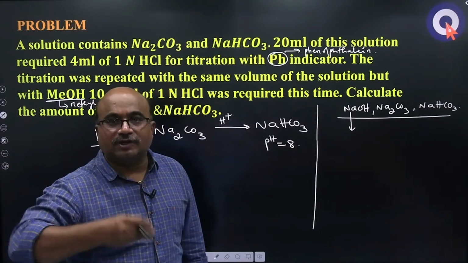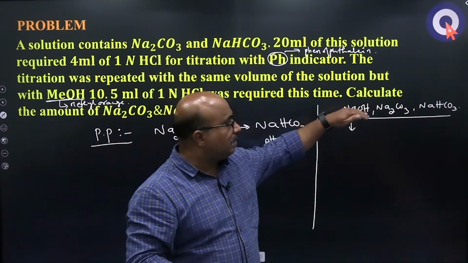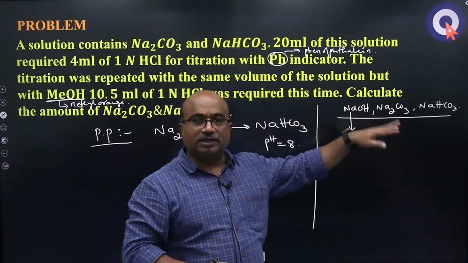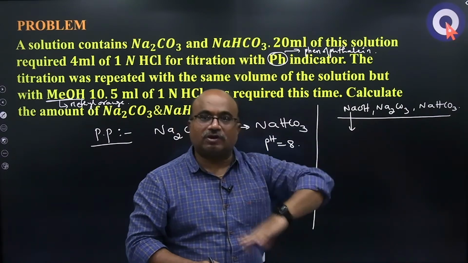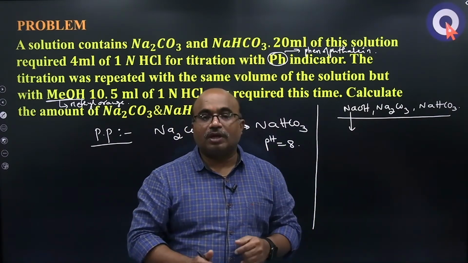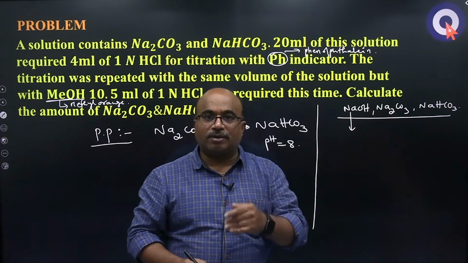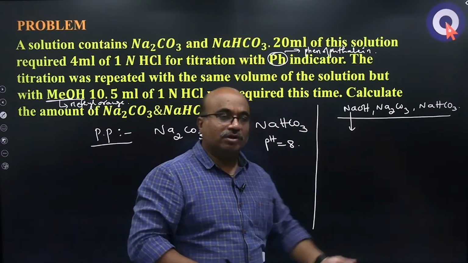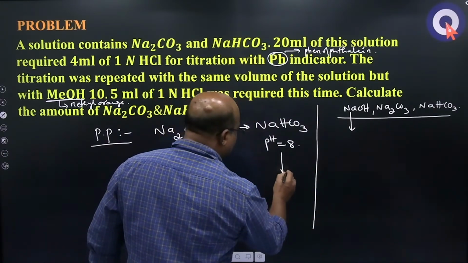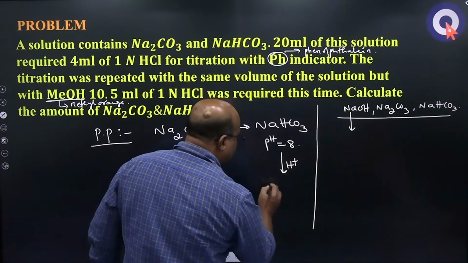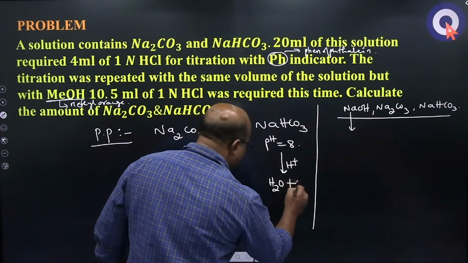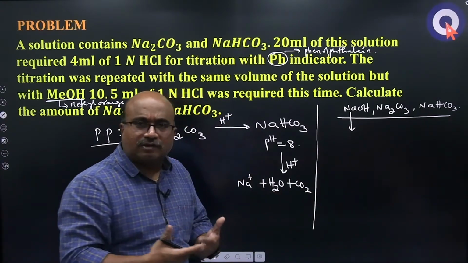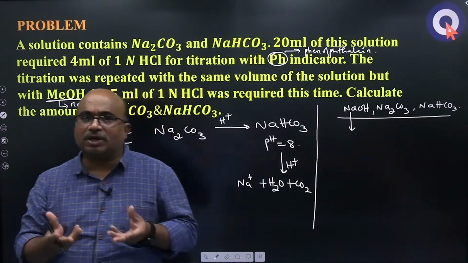Then sodium carbonate, which is more basic than bicarbonate, starts reacting with acid. Sodium carbonate first converts into bicarbonate. Then from bicarbonate it changes into carbon dioxide, and this continues on addition of H plus, converting into H2O plus CO2, with the sodium ions remaining with the conjugate base of the acid we are adding.